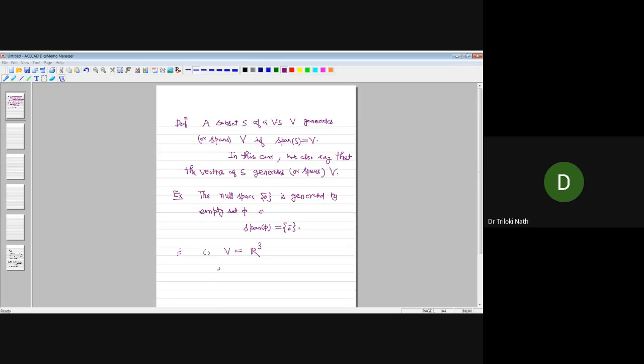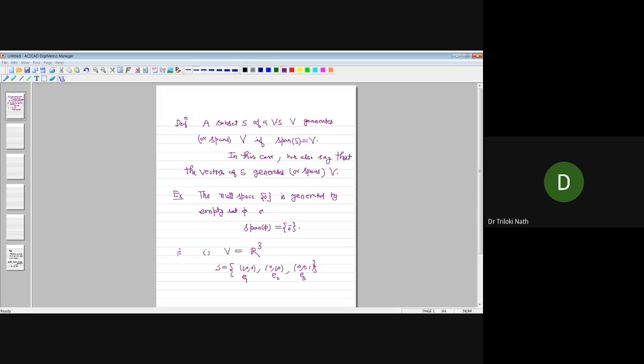Let us suppose that the set S is given like this: (1, 0, 0) is the first vector, (0, 1, 0) is the second vector, and (0, 0, 1) is the third vector. Later on, we will see that these three vectors are very special in character. They can generate the whole space, and this concept leads to a new concept called the basis of a vector space. Anyway, these vectors are denoted by E1, E2, E3.